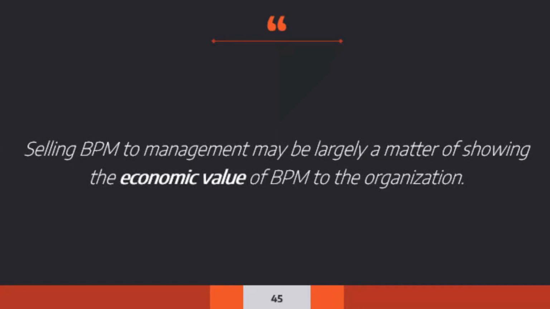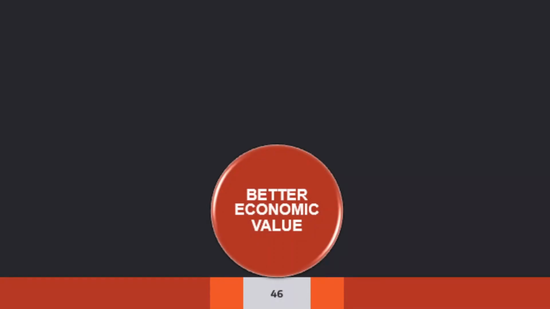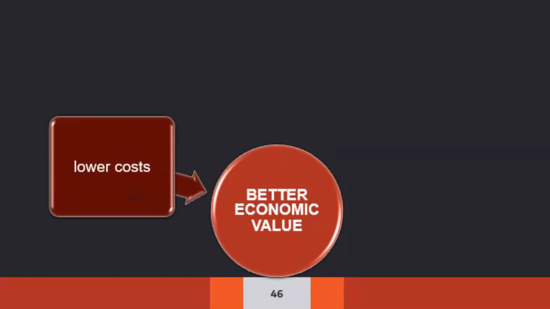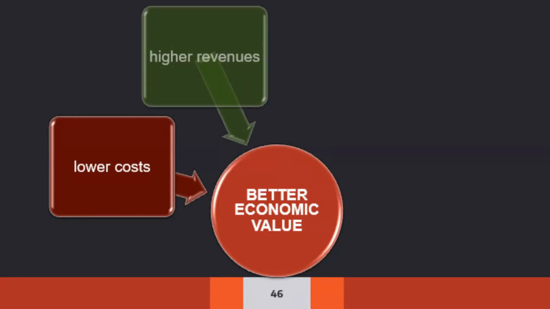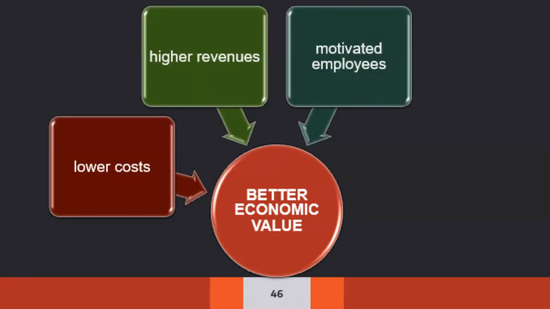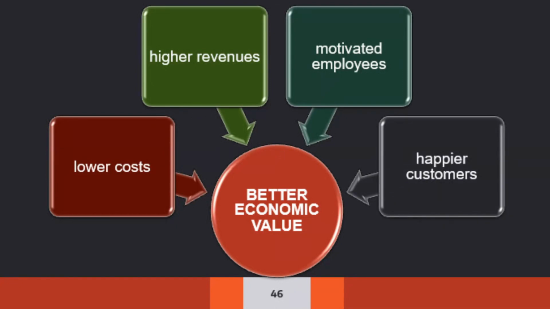When we talk about better economic value, we have lower costs, higher revenues, motivated employees, and happier customers. These are the values that most businesses aim for or look for. Lower cost, higher revenues, motivated employees, happier customers. So that's your economic value.